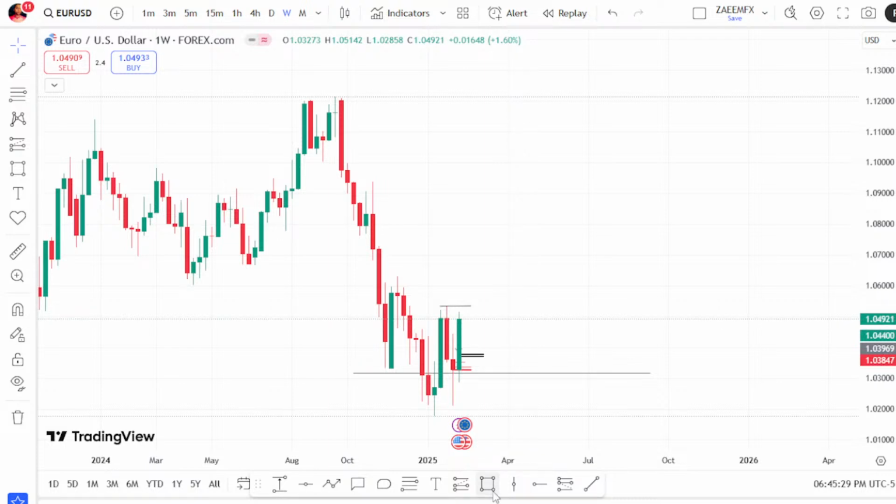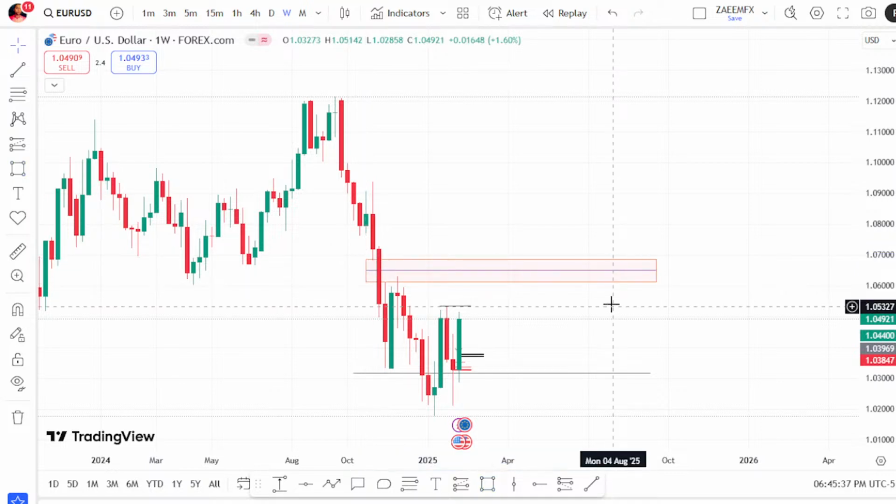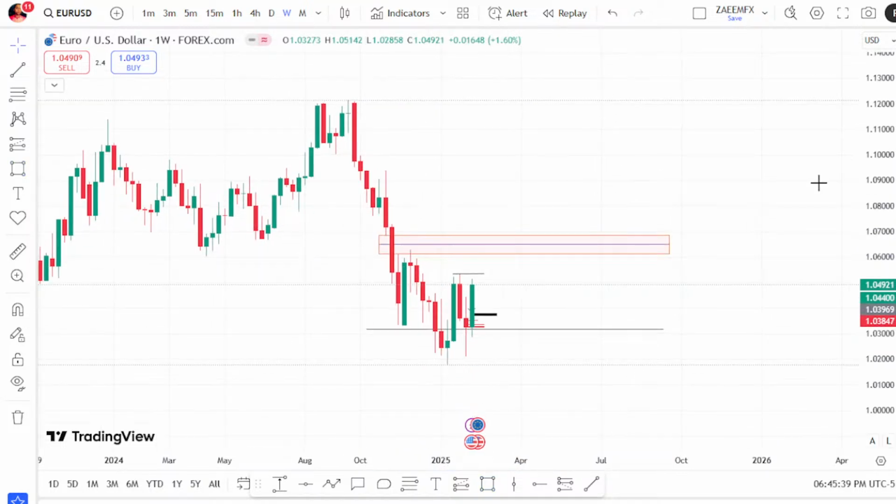See this fair value gap. Overall, I'm still bearish on this guy. I'm bearish on the Euro and GBPUSD. I'm extremely bullish on the dollar index. So I'm waiting for price to trade above this high and this high and maybe tap into this fair value gap and continue crashing down.